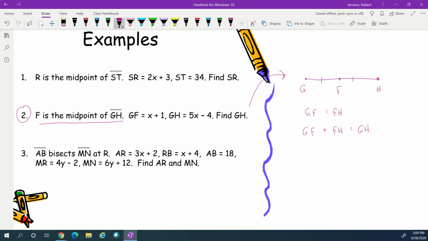The two little parts are equal, and if I add them together, I get the whole thing. Now let's see what we're going to do. GF is x plus 1. GH is the whole thing. Make sure you label things correctly. That's 5x minus 4.